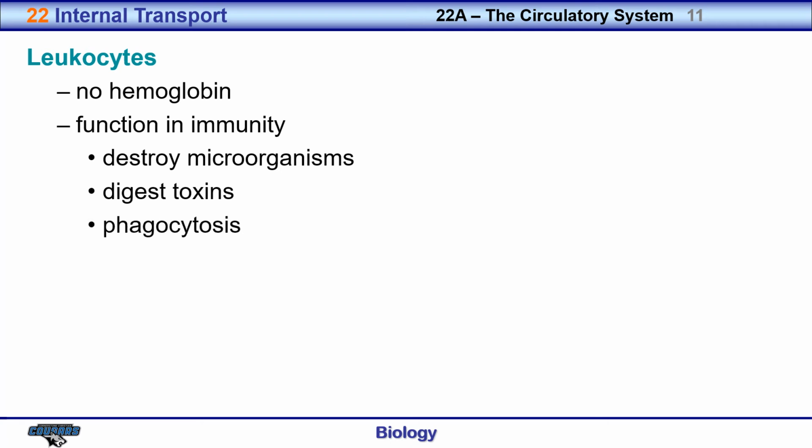Now, another type of leukocyte is capable of actually eating large amounts of bacteria. And remember, cell eating, we call that phagocytosis. So these can eat large amounts of bacteria and foreign material that they might find in the blood and then break them down in their own food vacuoles, like we've studied earlier.